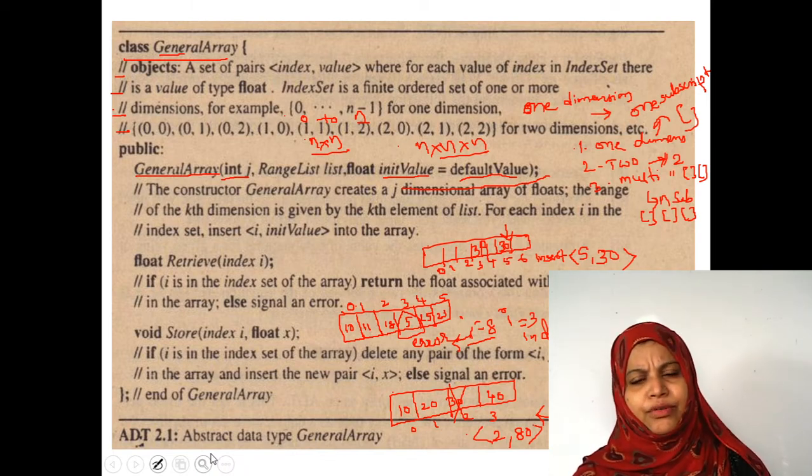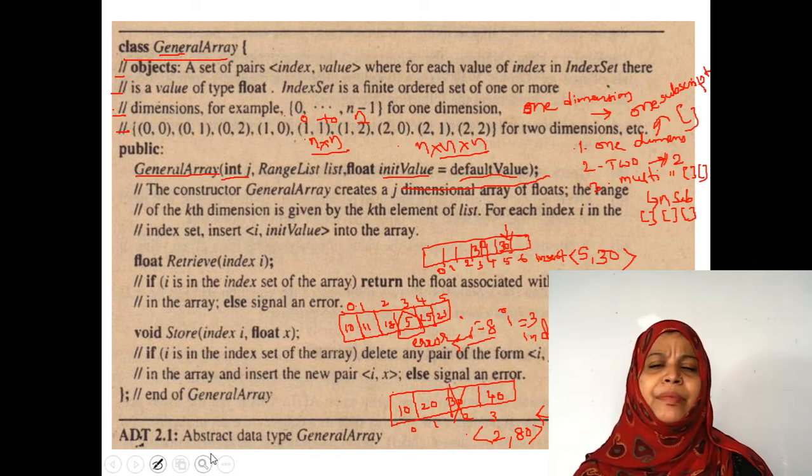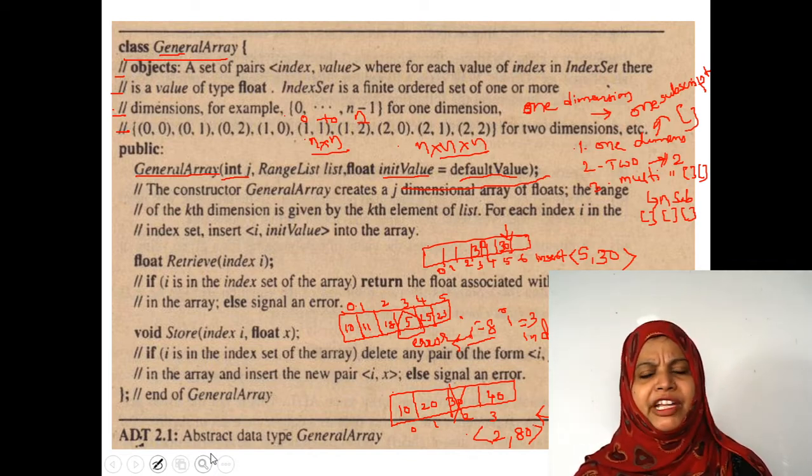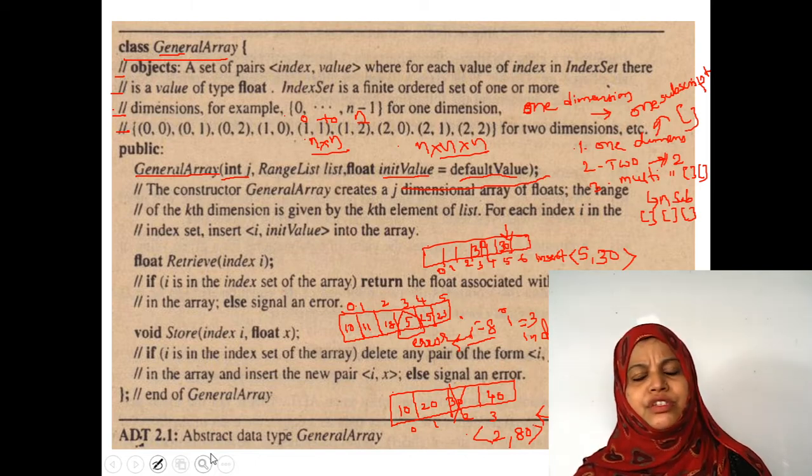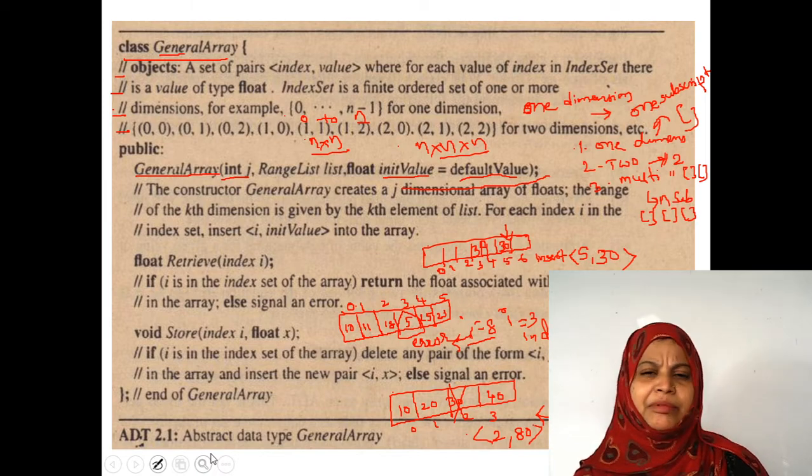Storing means we can store the value in a particular memory location. No need to adjust or modify the complete array. Directly we can access the particular memory location and directly we can store the value in that specified memory location.